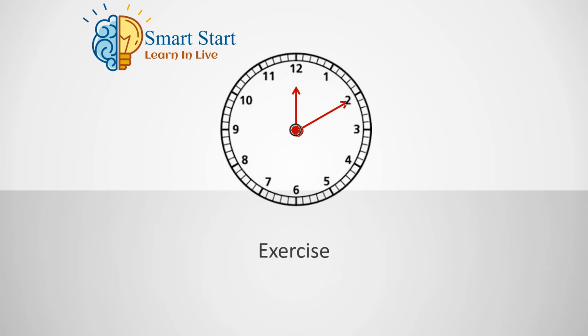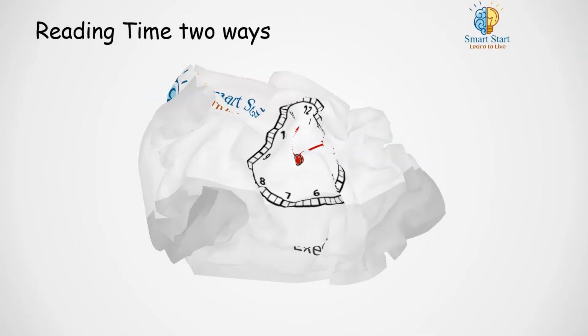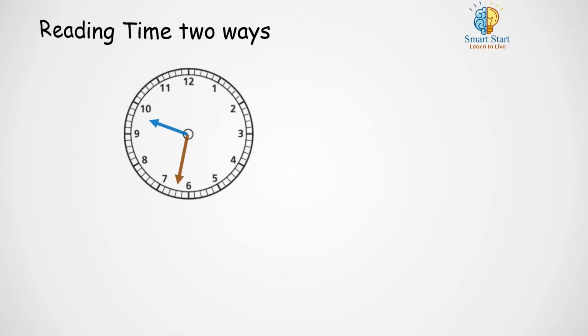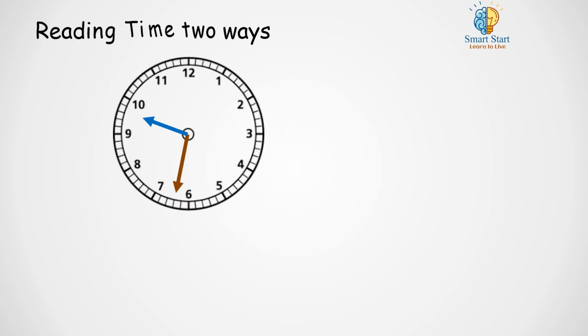Now let's consider some more examples of reading time. Reading time two ways. Here the hour hand is between 9 and 10 and the minute hand is 32 divisions after 12.